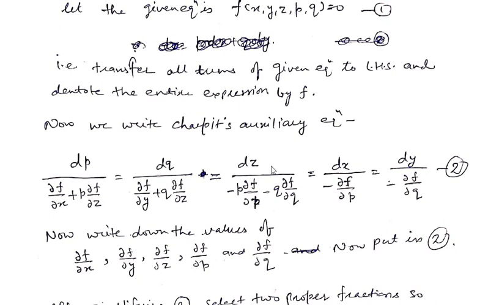If we recall the Lagrange auxiliary equation, there were three fractions dx, dy and dz.